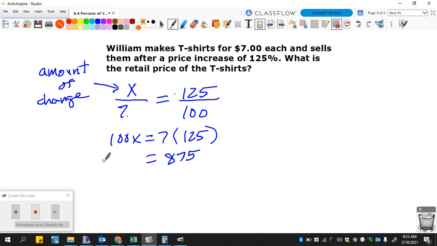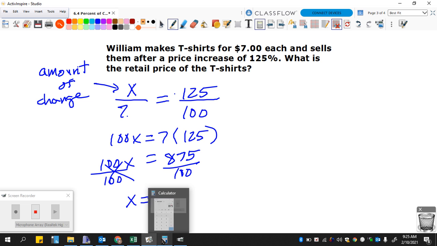And we still have 100x over here. So then we divide by 100. x is equal to 875 divided by 100, which is simply 8.75. Now, if you remember, that 8.75 is the amount of change. And it says it's an increase. So that means we're going to add.